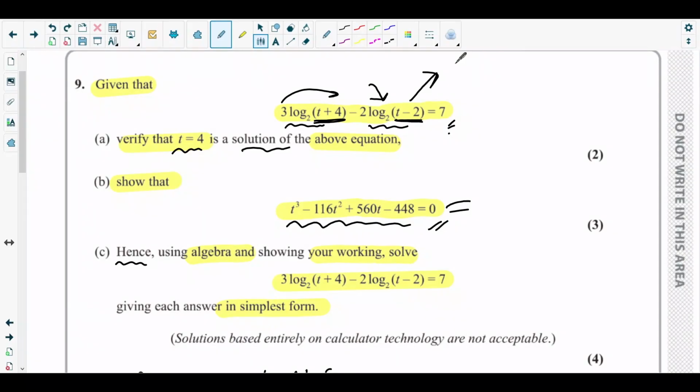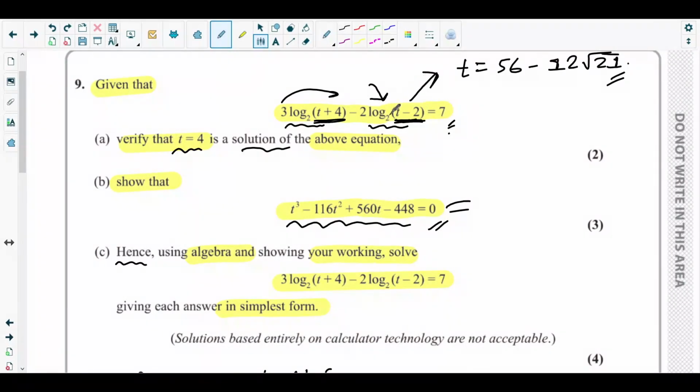So let's consider 56 minus 12 square root of 21. It is positive. Okay, though it is positive, if you put this value of t equals 56 minus 12 square root of 21 in this term, 2 log base 2 of (t minus 2), you will see it is giving a negative value.